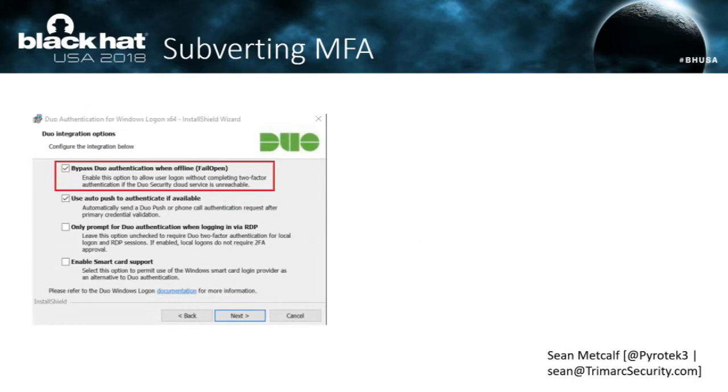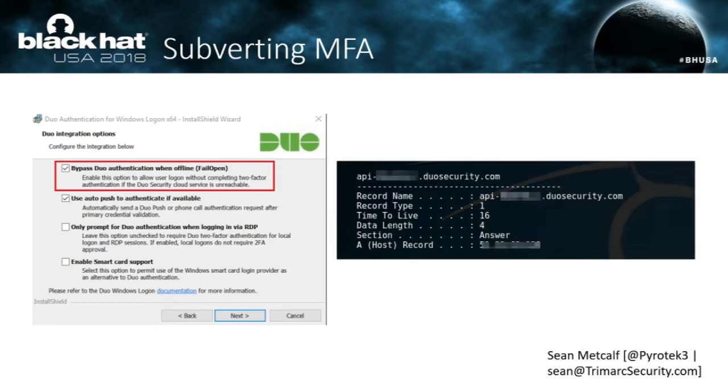Now, another interesting thing about Duo, again, I promise you I'm not picking on Duo. They're just very popular, and like I said, there was a lot of activity about Duo recently. But there was a blog post recently about Duo and fail open versus fail closed. So by default, Duo fails open. And Duo uses a request via DNS lookup and then a connection to its API A record under duosecurity.com.